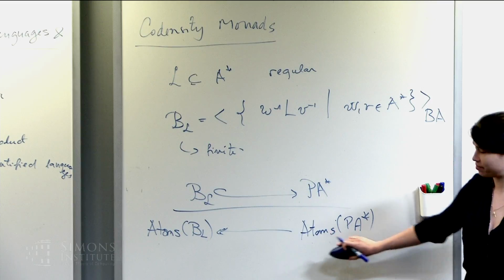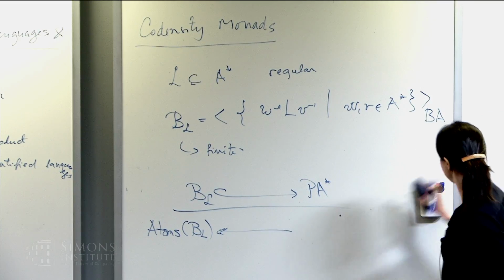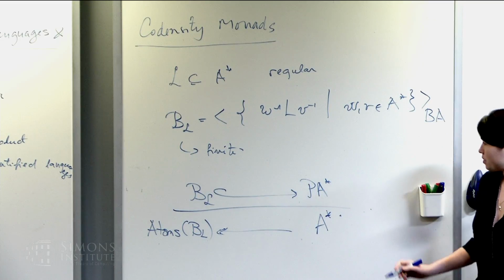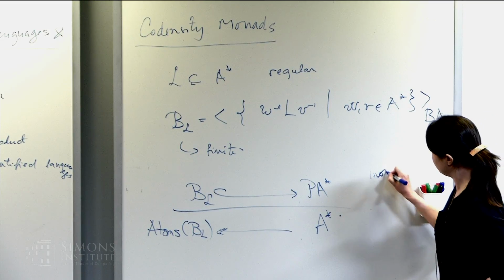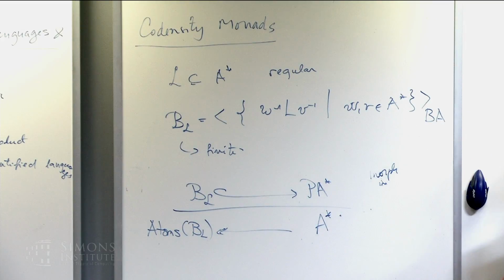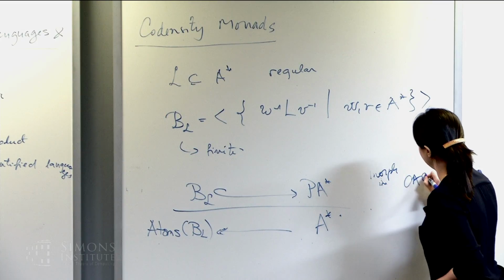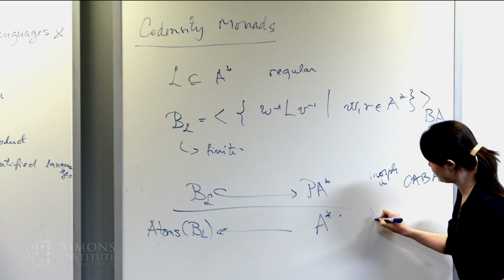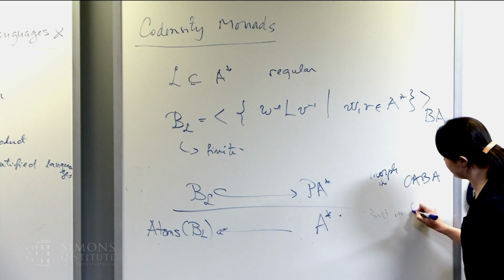Hang on, what are the atoms of this power set? They are just the words, A star. So this is a morphism in Set, and this is an injection, so here I have a surjection in Set.